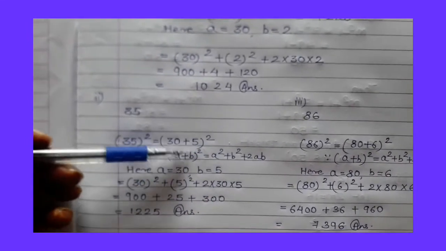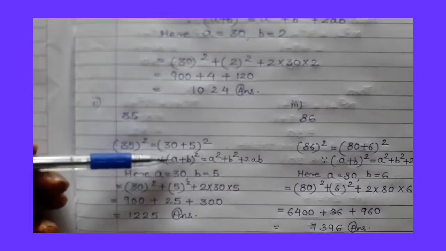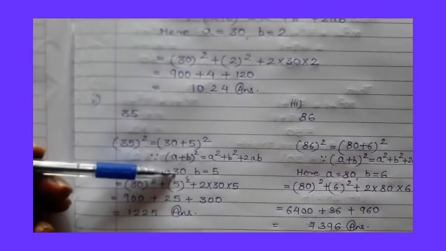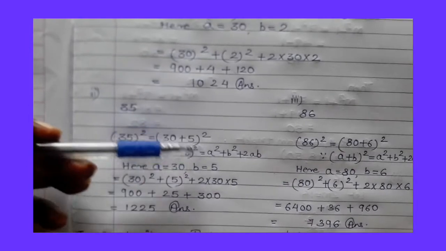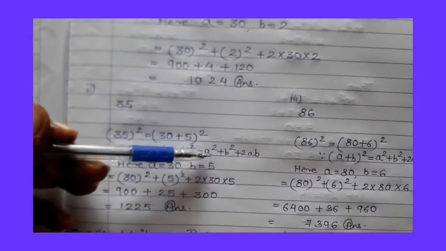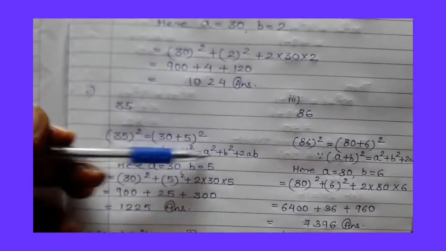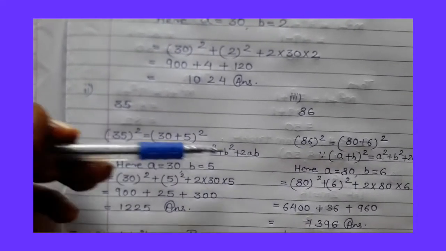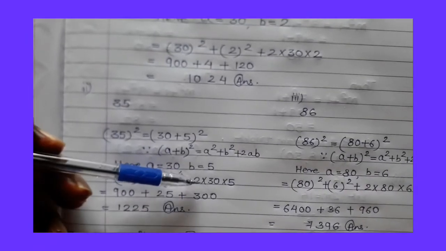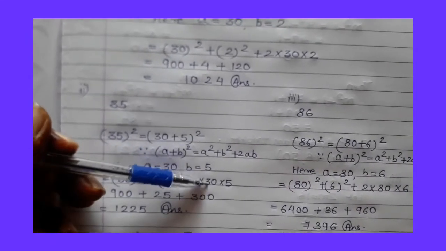Now by doing comparison, you can see value of a is 30, value of b is 5. Now we'll put our values in this here. So a square, that is 30 square, b square, that is 5 square, plus 2ab, that is 2. Value of a is 30, multiply value of b is 5.